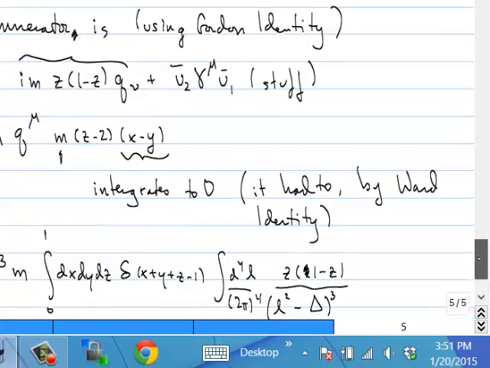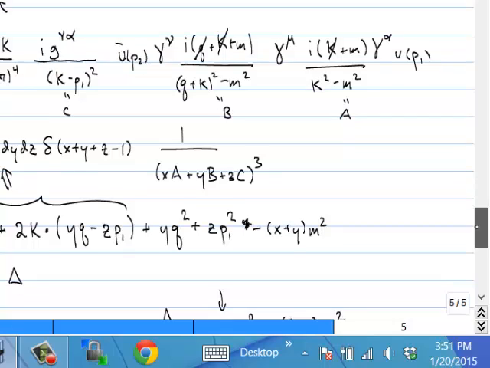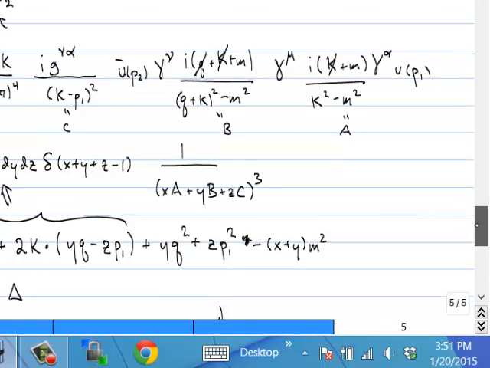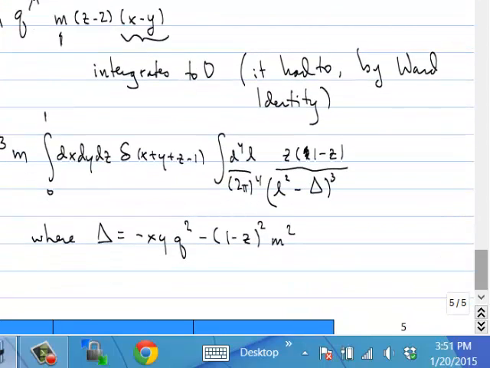Okay. Now let's see. Yeah, I actually have a factor of 4 in my notes. It's not too important. I'm not keeping track of all of the details.